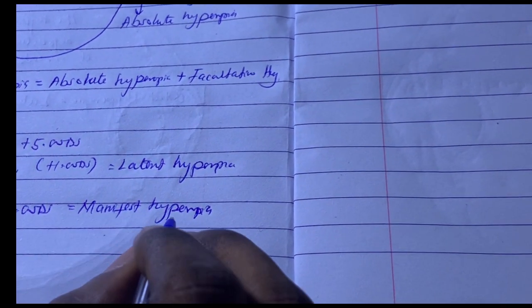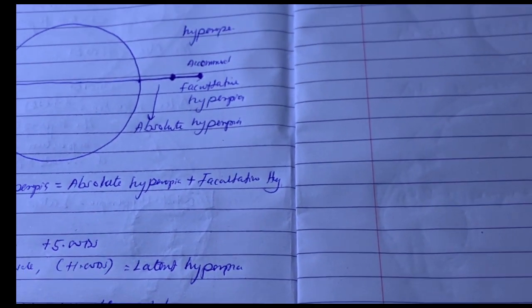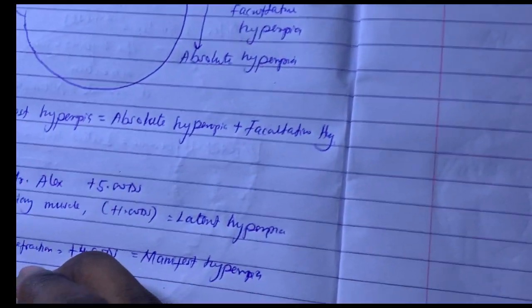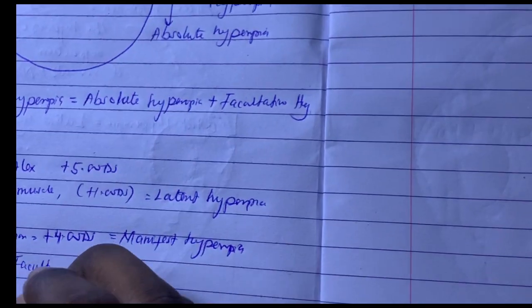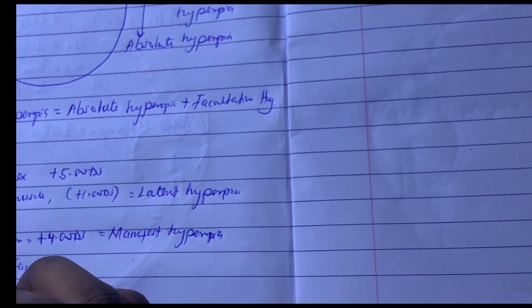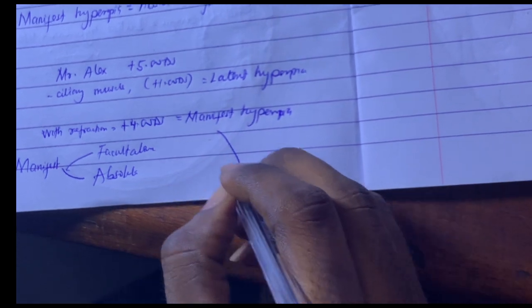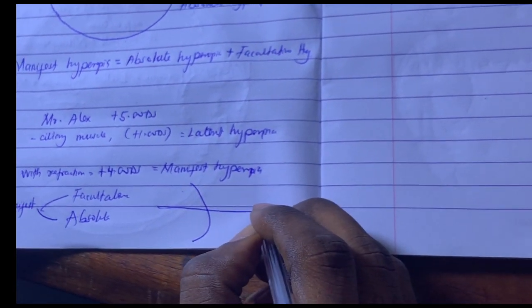The manifest hyperopia has two types: facultative and absolute. The incoming light is focused behind the retina.